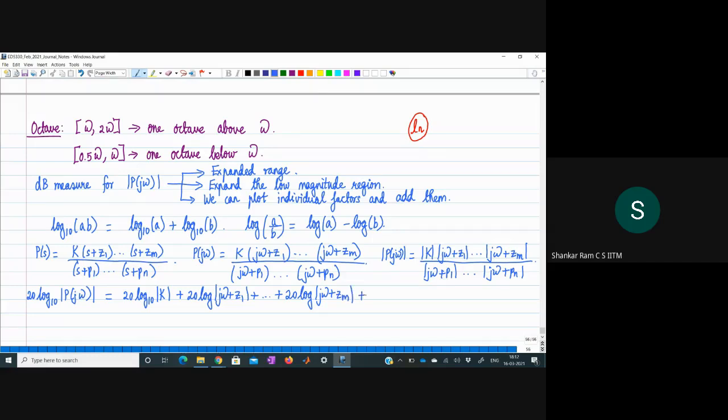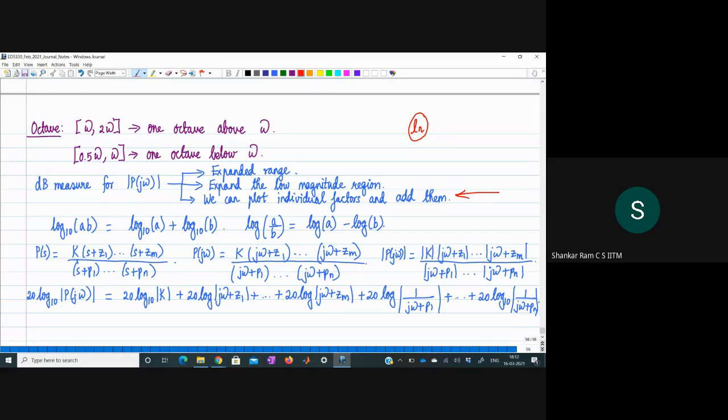Then we will have plus 20 log the magnitude of 1 by j omega plus p1. Of course, I can rewrite this as minus 20 log of the magnitude of j omega plus p1, but I can write it this way also, plus all the way till 20 log of 1 divided by j omega plus pn. That's nice. I hope it is clear.